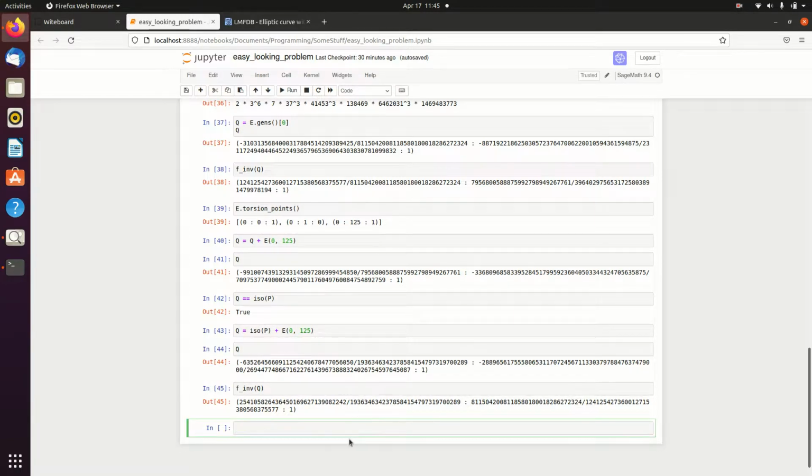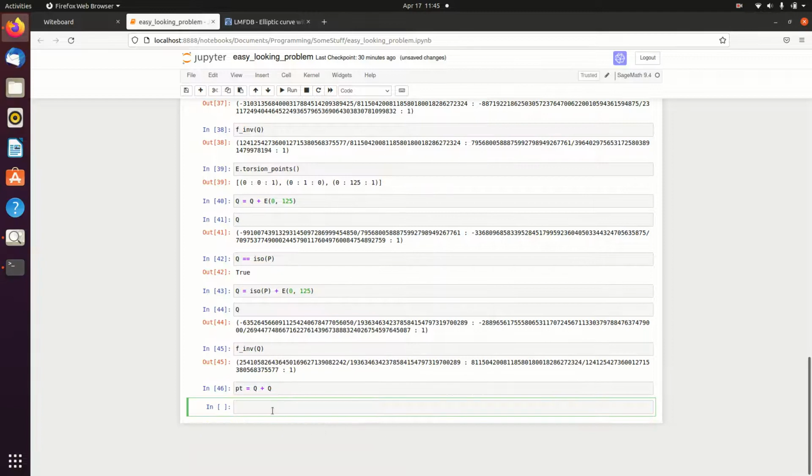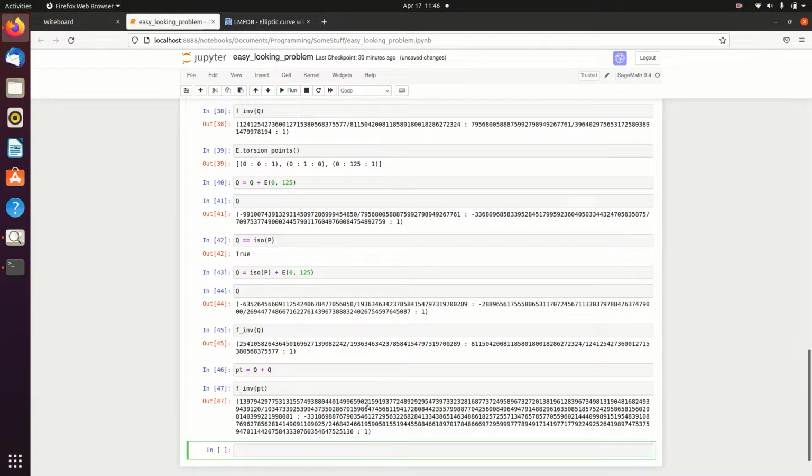So one would say, for instance, the point is Q plus Q, and then we would look at what we get from here. If we would have chosen this point at first, that would have been a bad choice, because here we have something negative and we're looking for positive solutions.